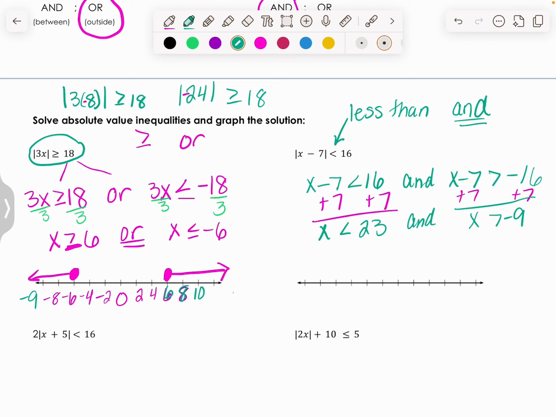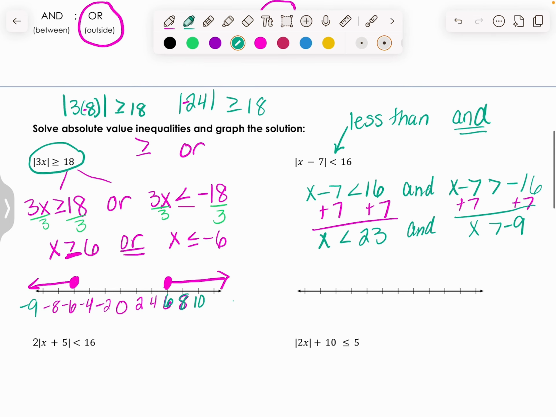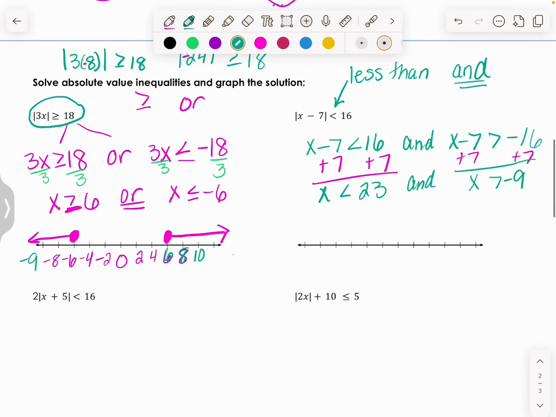So when we are graphing this on our number line, we have to go from negative 9 all the way up to 23. So we're probably going to want to count by maybe 3's. Let's put 0 here and see if we can make that fit.